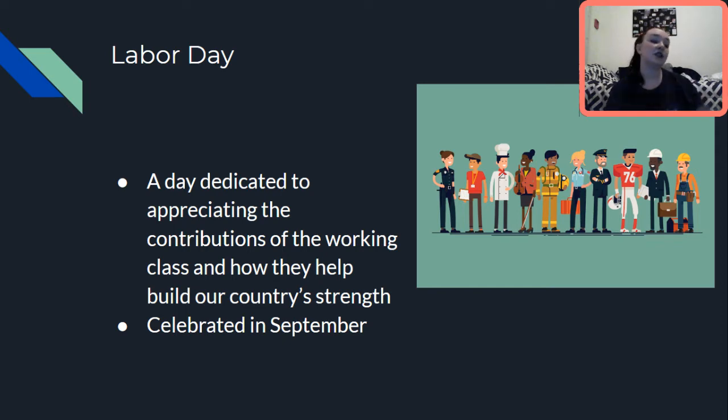It's a day for us to remember, appreciate, recognize the people in the working class. So if you look at the picture, policemen, doctors, firefighters, musicians, really anyone who is working, and recognize how they build our country up and make our country better. Labor Day, like I said, right after we get back to school in September. So we come back, then we have Labor Day.